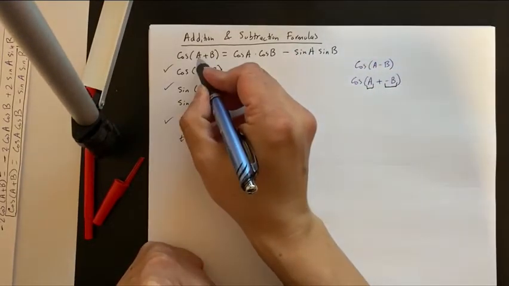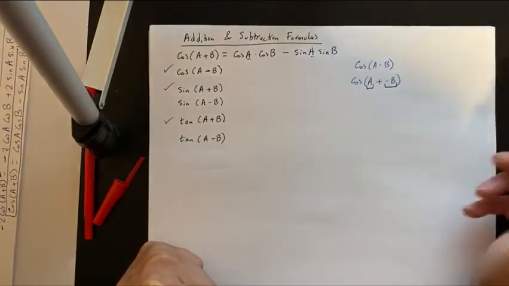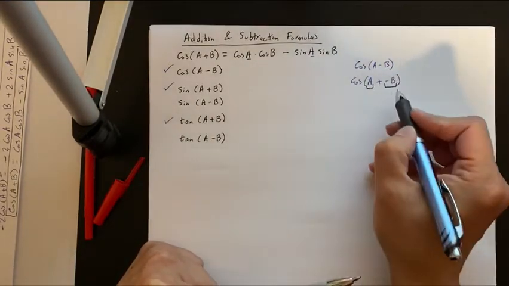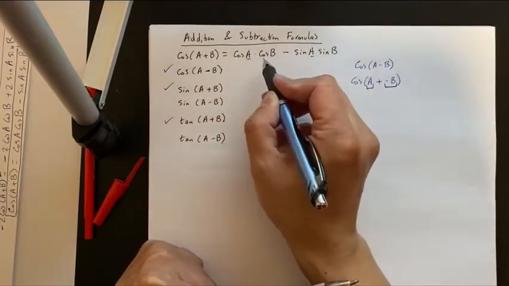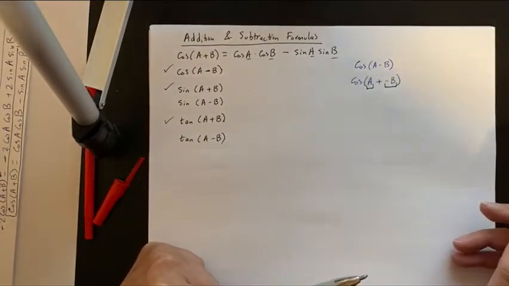So this A is referring to this guy, the negative B is referring to this B. So if I follow along, those are my A's, and my B's, the negative B would go right here, and it'll go right here.